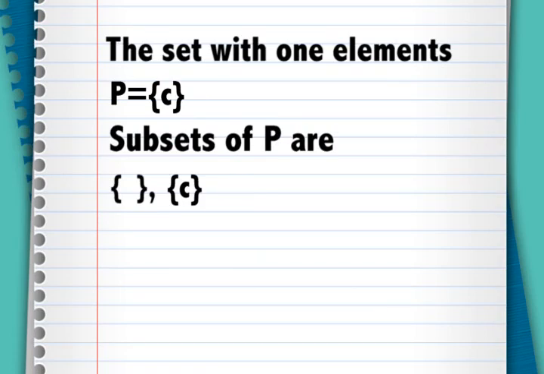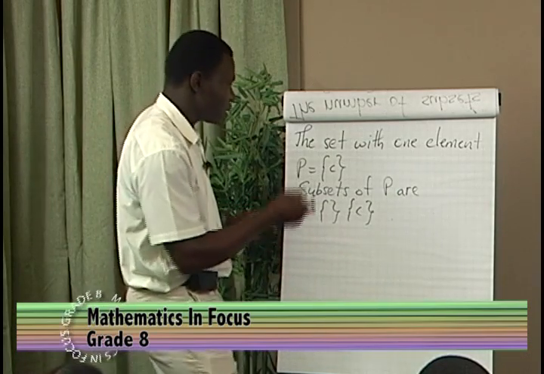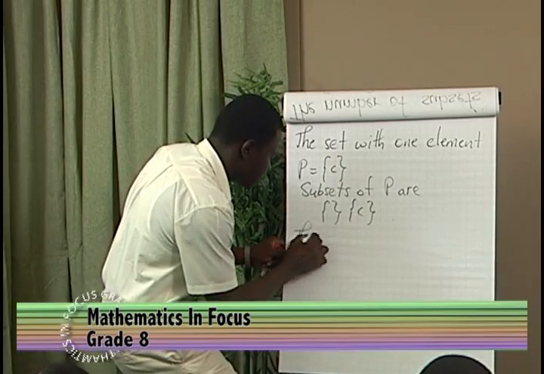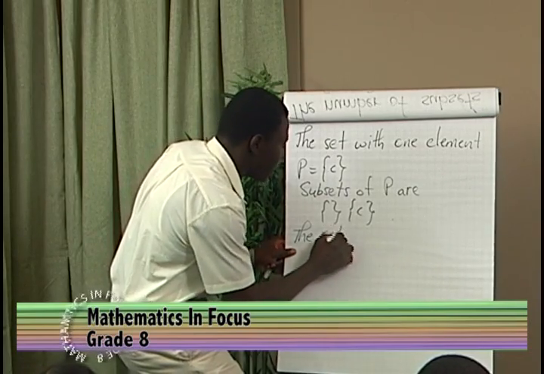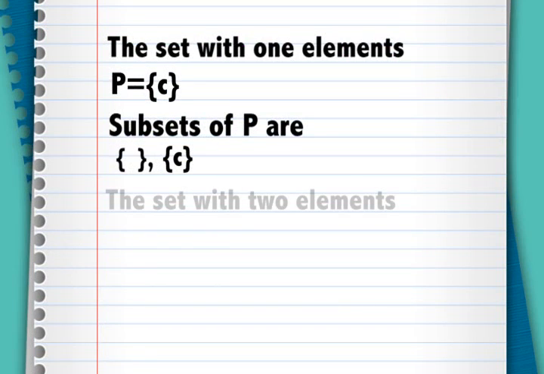Two subsets. Let us find out about the set with two elements. How many subsets do you think it will have? All right, we will find out.